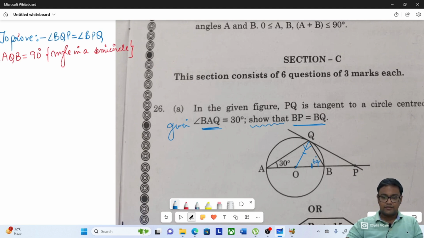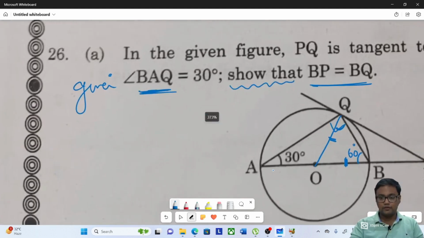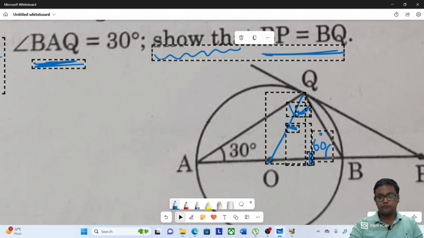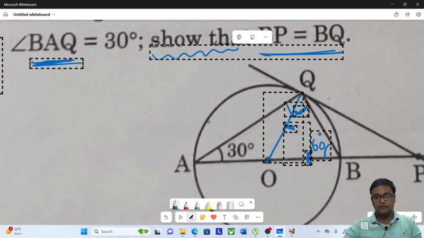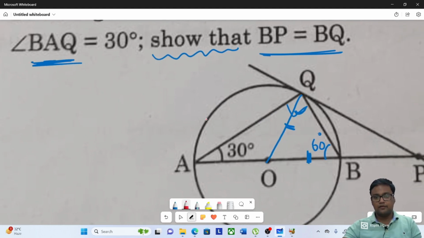And if this is 60, children, angles opposite to equal sides, this angle will also be 60 degrees, and the third angle will be a 60-degree angle, obviously.